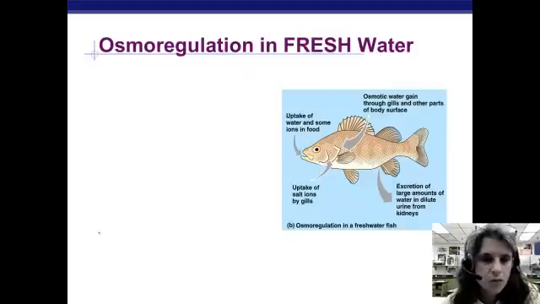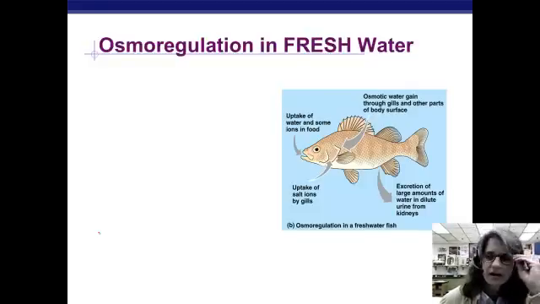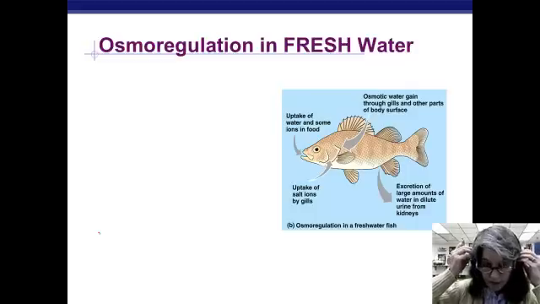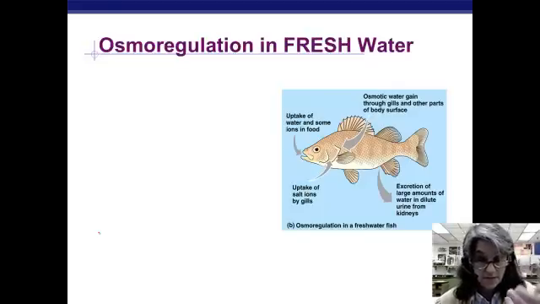Now, in freshwater, your problems are quite different than they are in saltwater or on land. In fact, saltwater and land, the issues are much more similar. Freshwater is its own thing. Okay? If you are a fish living in fresh water, your cells have more solute in them than the water that is surrounding you.